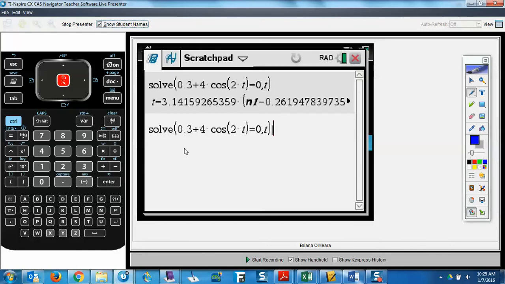We already set it in the window: 1.8, right? So we want t to be between 0 and 1.8. So 0, less than or equal to t, less than or equal to 1.8. There we go.